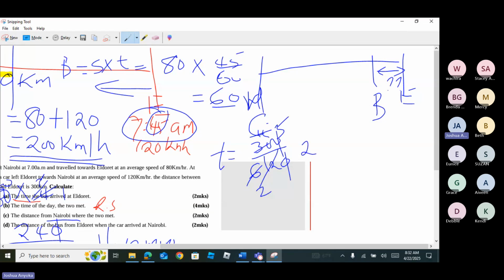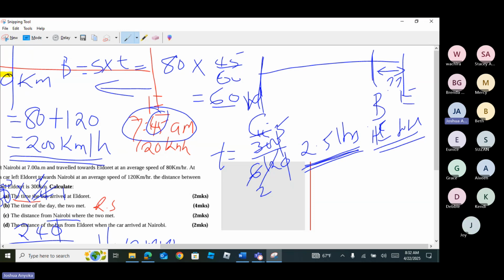It takes 2.5 hours for it to reach Nairobi from Eldoret. In these 2.5 hours, which distance could the bus cover? So the bus will cover which distance in 2.5 hours?